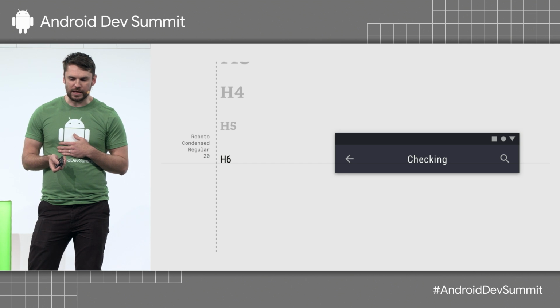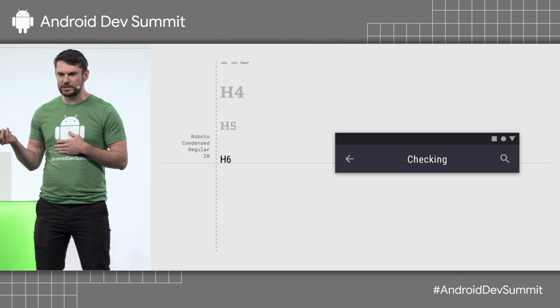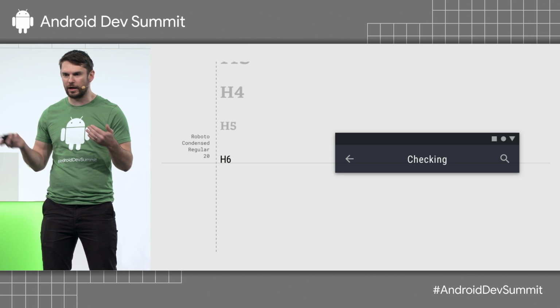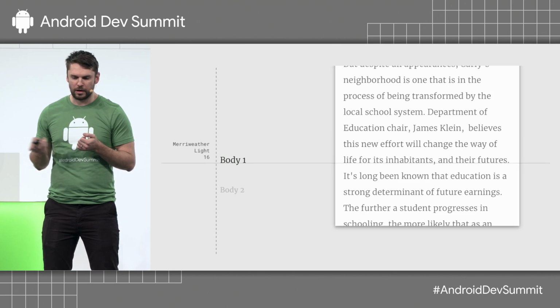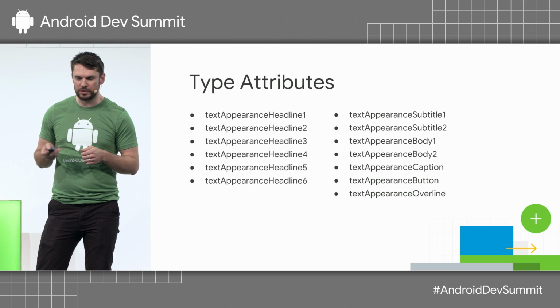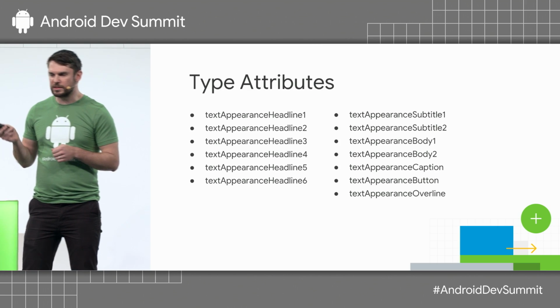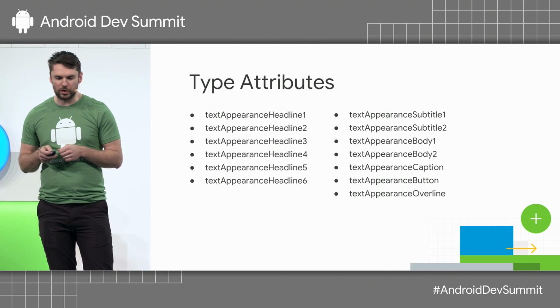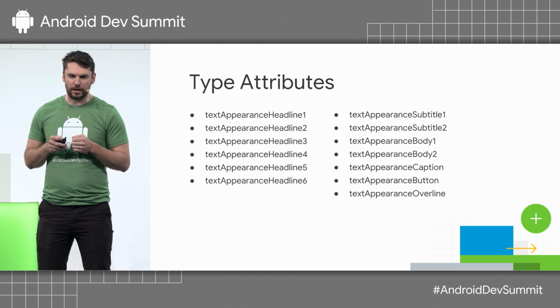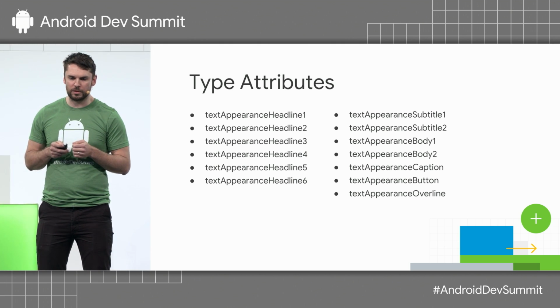So here's an example of a toolbar which uses the headline 6 attribute rather than a style directly. And here's some copy that uses the body 1 attribute. These are the type attributes that we've defined. So if you override any of these in your theme, you can set the style and look of your app.